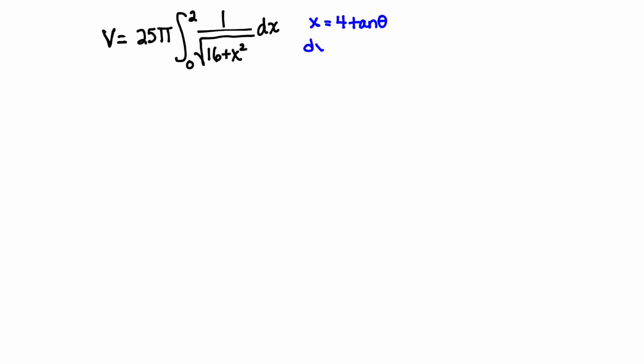And that means that our derivative with respect to x is going to be 4 times the derivative of tangent, which is secant squared theta d theta. Now, as we go forward, this is a definite integral. It has limits, and those limit values pertain to the x-axis. So I'm just going to write next to it x equals 2, x equals 0.